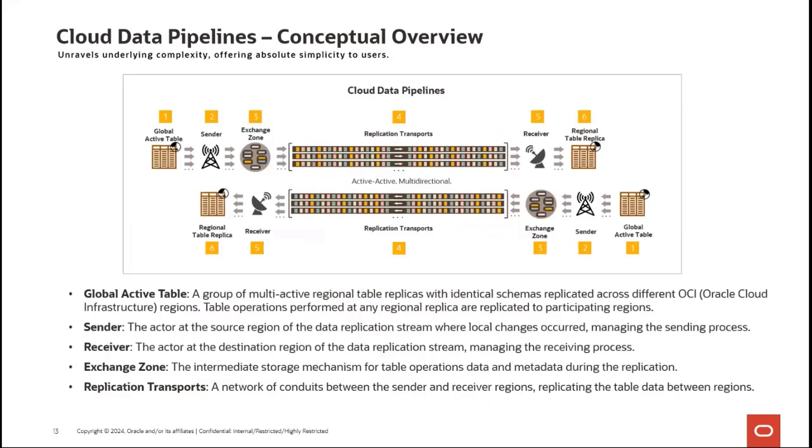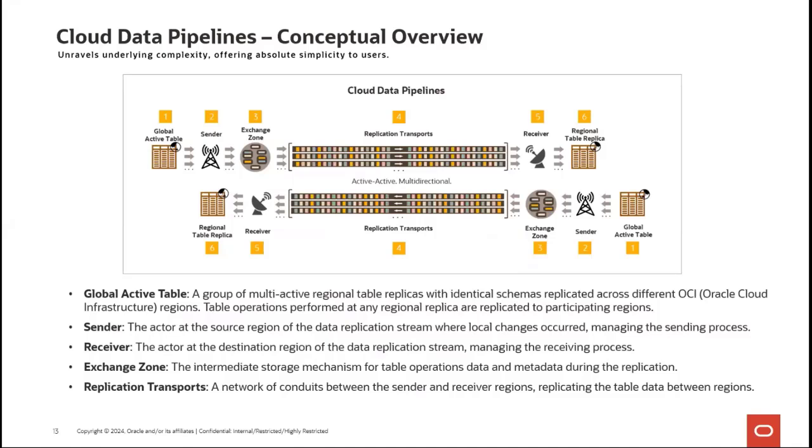Just a little bit more into the details of the data pipeline. We have the global table, we have the sender, we have an exchange zone that we have listed up here, which is what I was calling the intermediate storage. And then we have these replication transports. This basically shows you step by step what is going on across the pipeline.